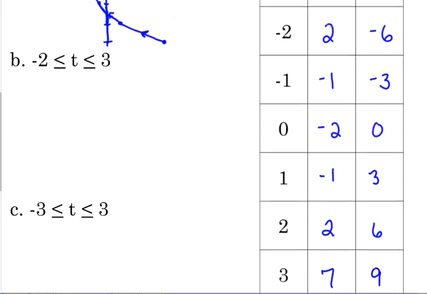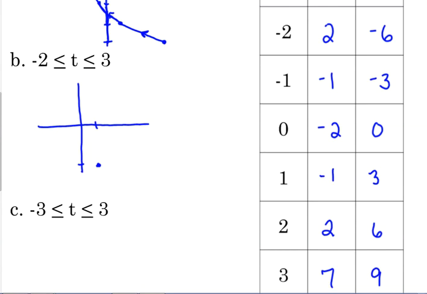Okay, so in this case, we're going to plot all the points from t equals -2 to t equals +3. So instead of starting at 7, -9, this one starts at 2, -6.